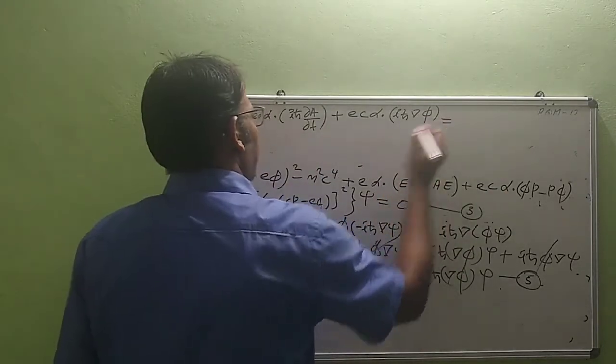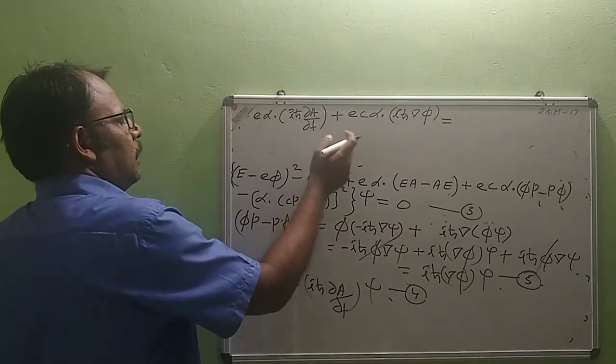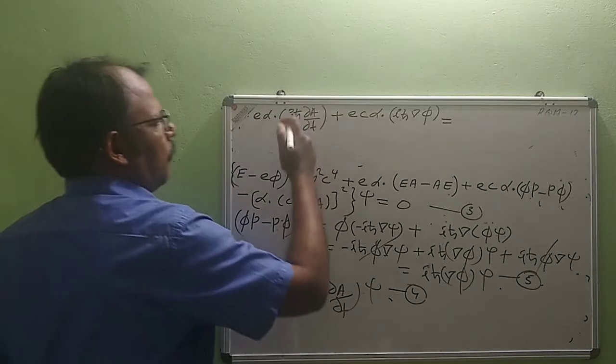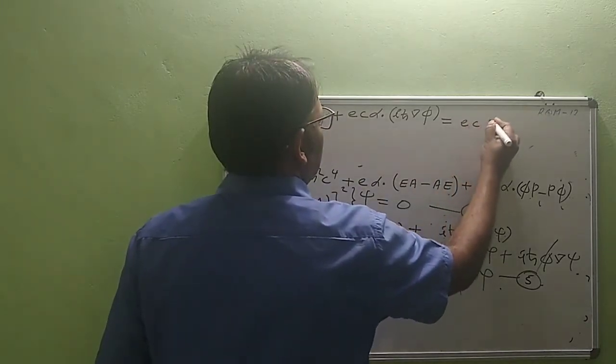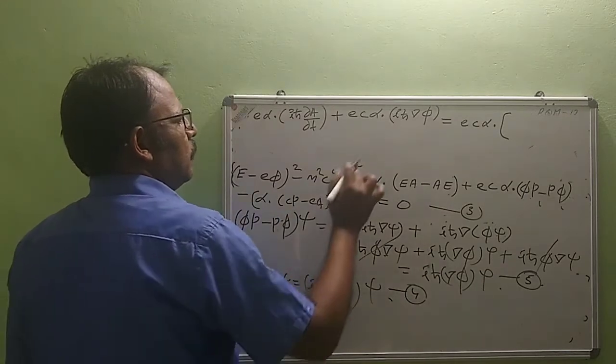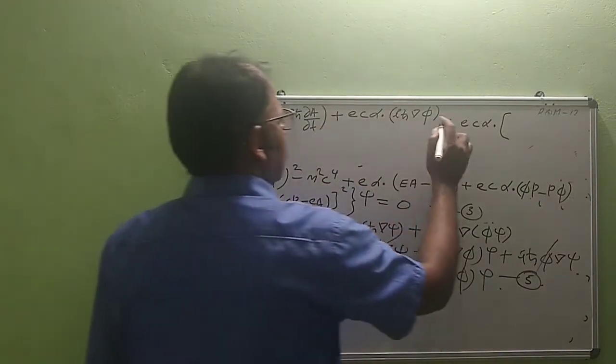This can be simplified. I am taking EC alpha dot common, and we can also take IH bar.